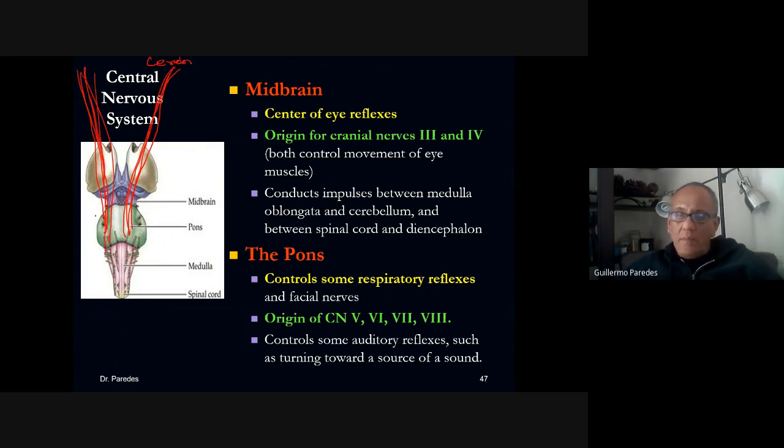But what happens in the medulla oblongata? They don't go all the way down on the same side. They're going to jump to the other side, from the right to the left and from the left to the right. That is called the decussation.